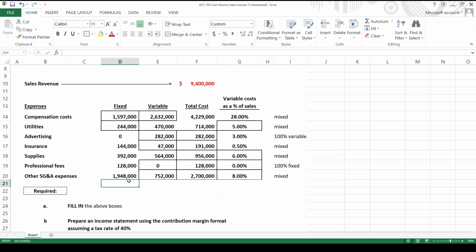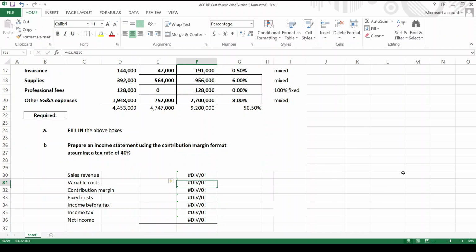Now we're going to add up all of these numbers and construct a little contribution margin type income statement. Okay, so let's see. Here's my sales revenue.